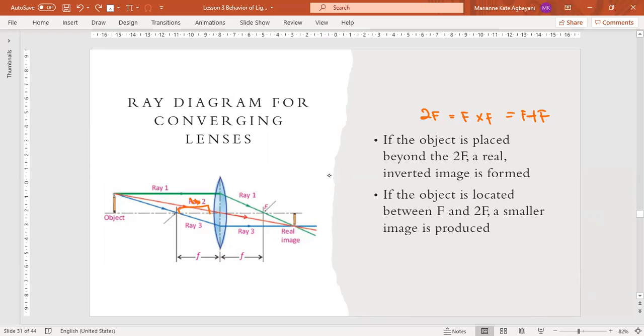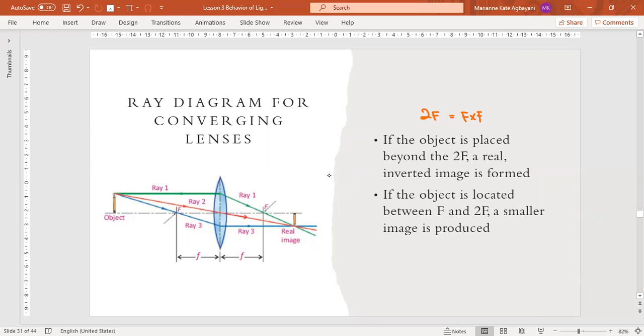Now, if the object is located between f and 2f, a smaller image is produced.